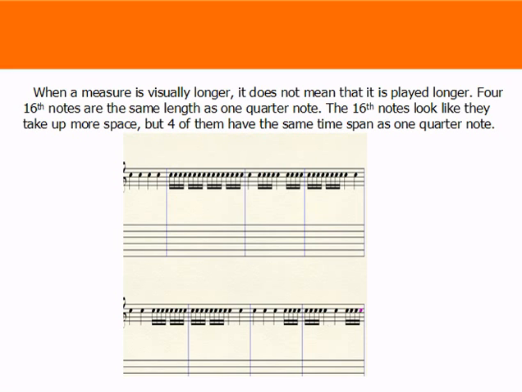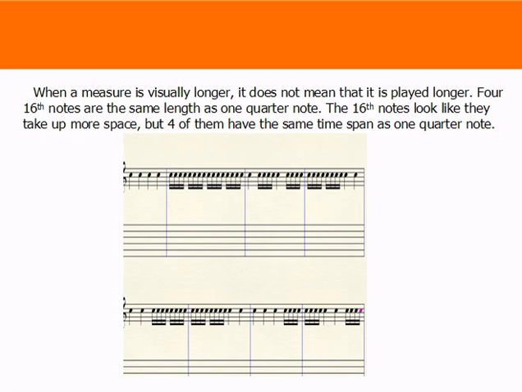When a measure is visually longer, it does not mean that it's played longer. Remember those boxes with the red, blue, green, cerulean? These wider measures with 16th notes in them are the same length as what you get in the first measure. So they may look longer, but they take the same amount of time.